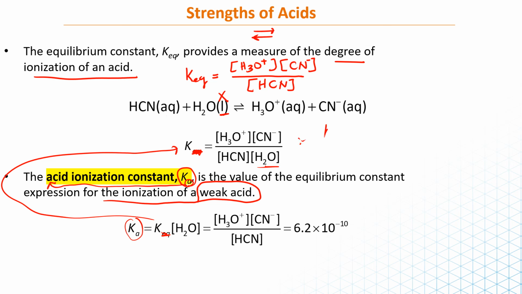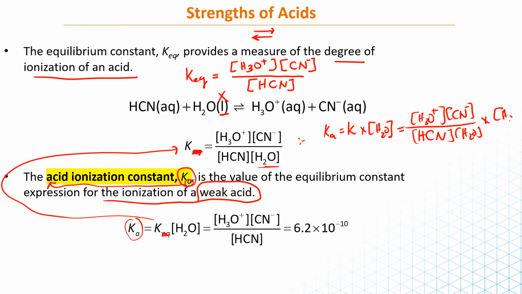So Ka equals ال K times the concentration of H2O, which is equal to, what is the K, guys? Concentration of H3O plus times CN minus over HCN times H2O. هاي هي هاي، وال K هي هاي المعادلة، صح؟ اللي هي هني.